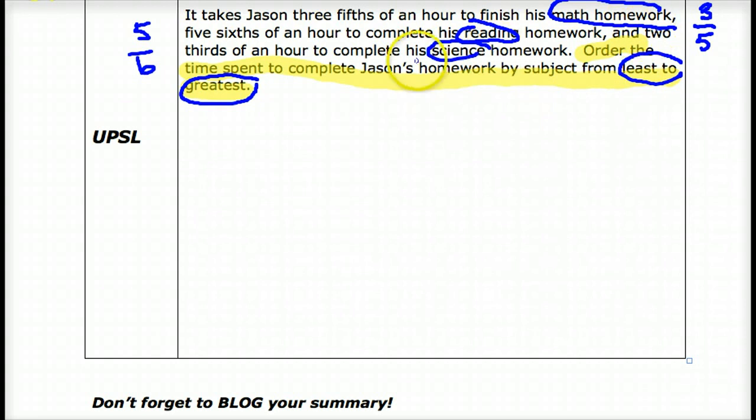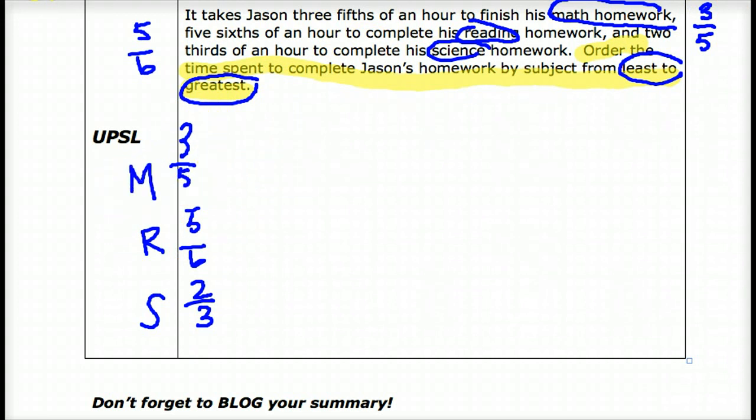So we've got 2/3, and that is science. We've got 5/6 for reading, and we have got 3/5 for math.